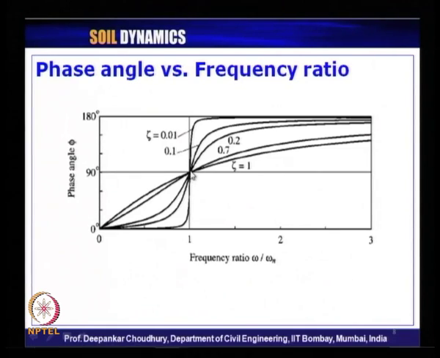It always passes through this point when r equals 1, frequency ratio is 1, the phase angle must be 90 degree. When r equals 0, phase angle is 0 degree, and at r infinity it tends to go to pi. So, this is the variation, and this is the decreasing trend of the damping ratio. So, this is high value going to the lower value.